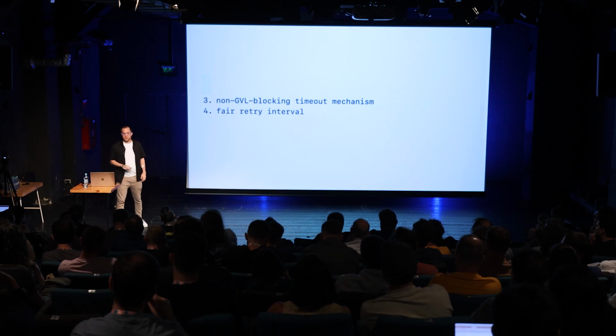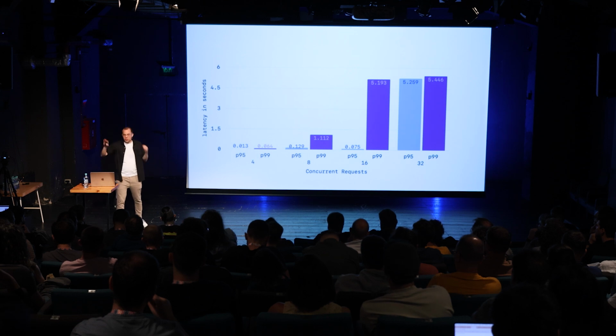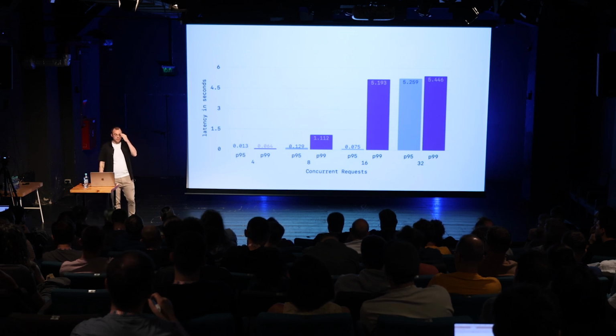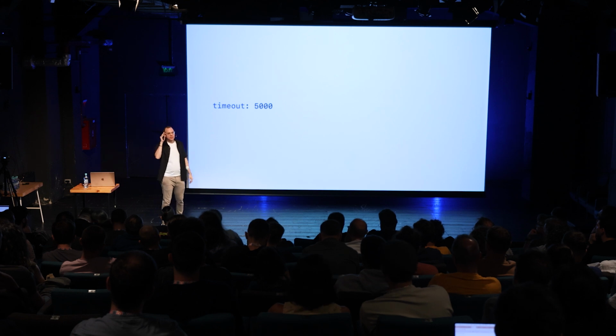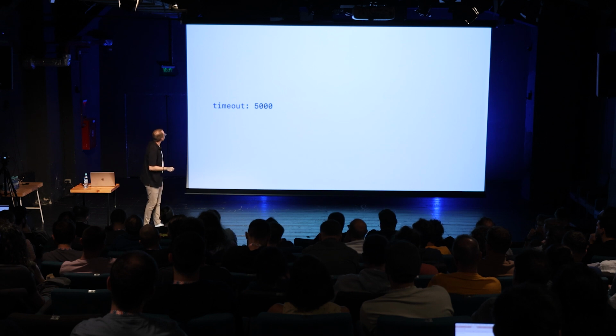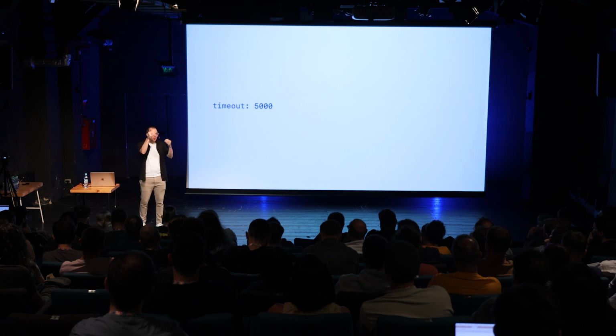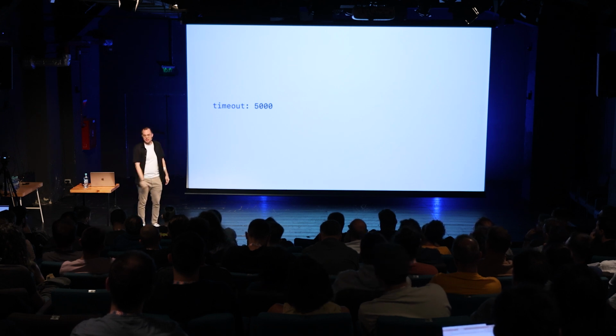For the next two problems, again, we see this long tail latency issue here. And that 5,000 milliseconds should ring a bell. We have this timeout in our database YAML. The contrast is, in the original slides, there's a little bit of a partial opacity filter over the rest of the database YAML that you can't see.